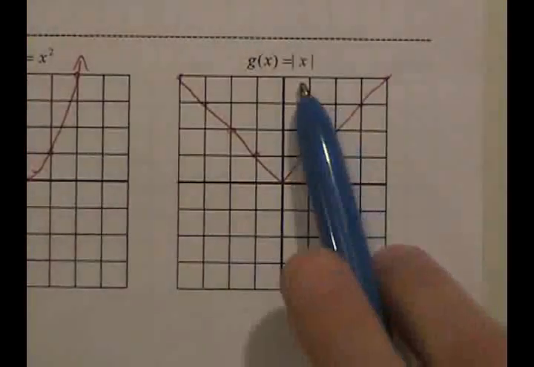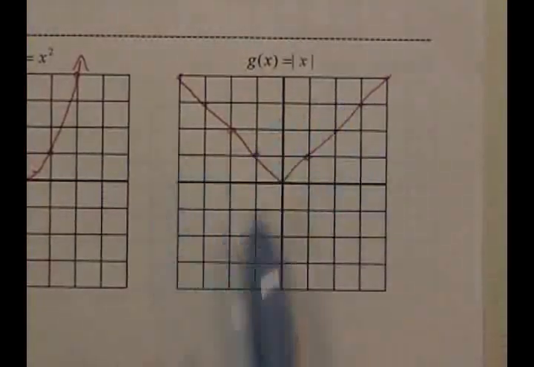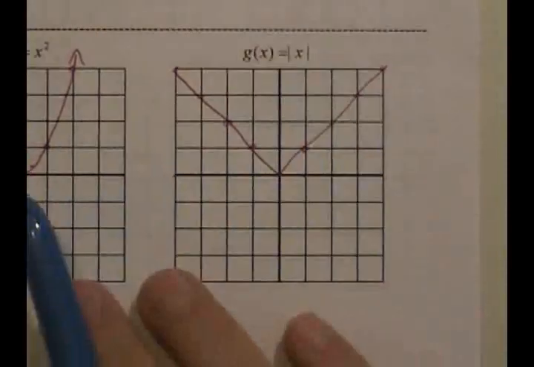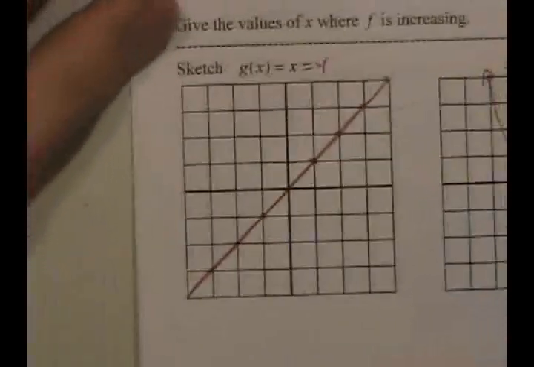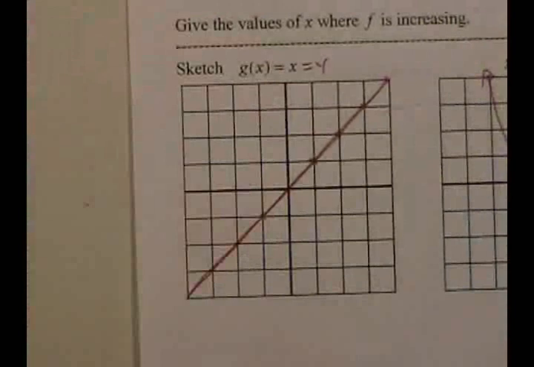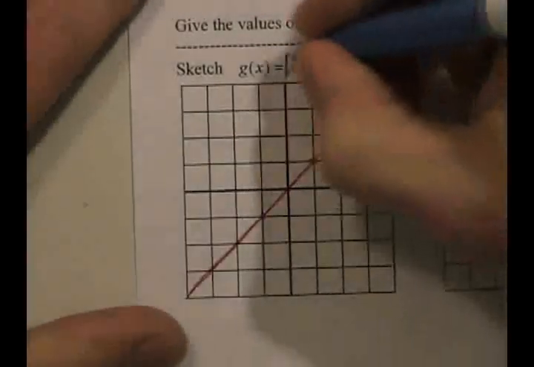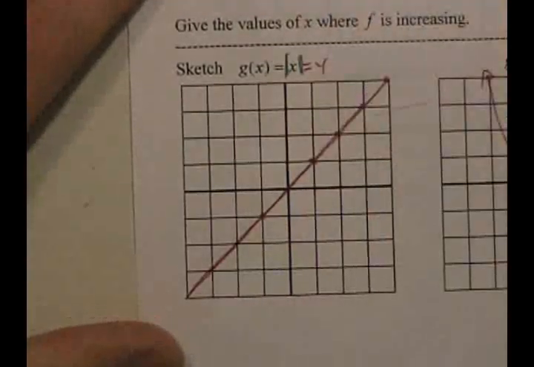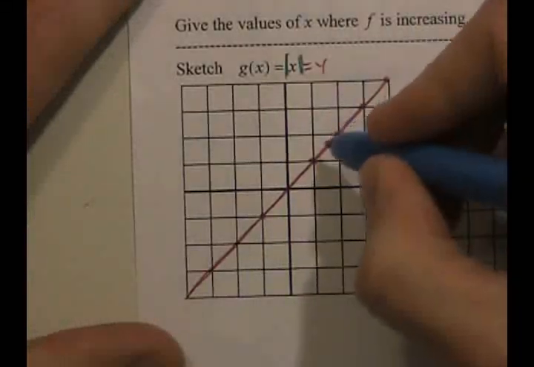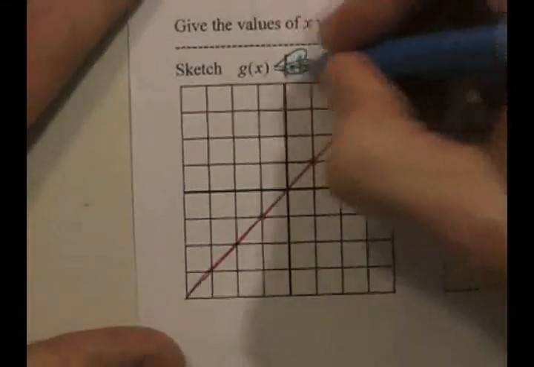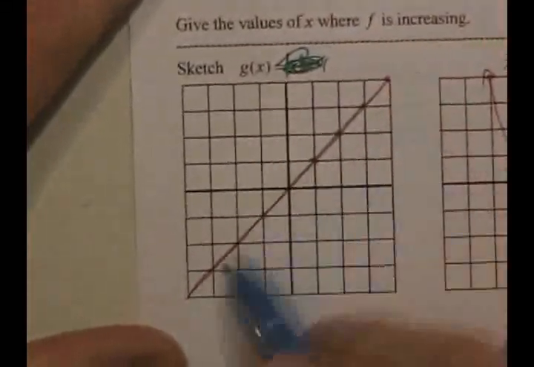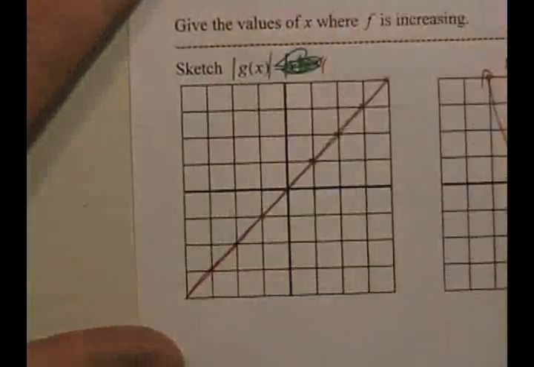You could also see this graph as the absolute value transformation of just this, right? If you take g of x equals, say, x, and I say graph absolute g of x, what's it going to do?